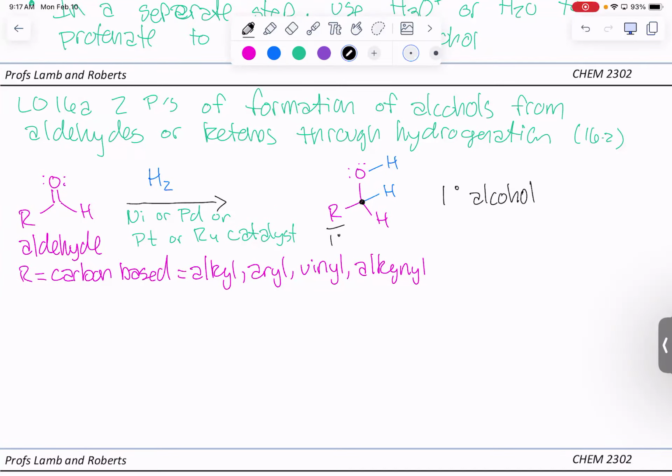All right, so our learning objective also says that we can use ketones. They can be substituted symmetrically or unsymmetrically, and the same R groups apply. And you guessed it, we can use the same reagents. So we can use our H2 as well as our nickel, palladium, platinum, or ruthenium catalyst.